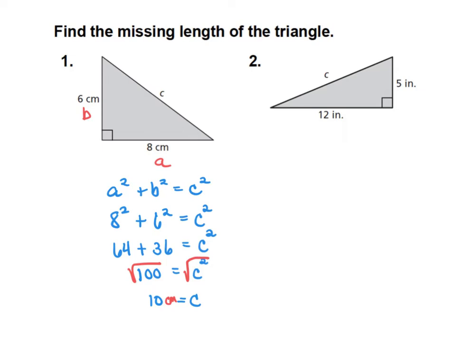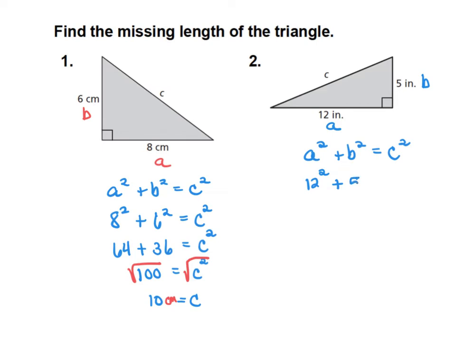For the next problem, again, we are going to write a squared plus b squared equals c squared. If this is a and this is b, what would we put for a squared? We would write 12 to the second power. What would we put for b squared?